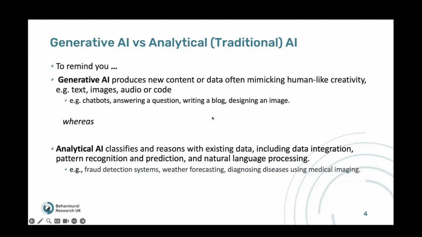And I hope everybody is making use of this incredibly helpful tool in their research. Analytical AI, on the other hand, classifies and reasons with existing data. So things like data integration, pattern recognition and prediction, and natural language processing. And examples of applications are fraud detection systems, weather forecasting, diagnosing disease using medical imaging.